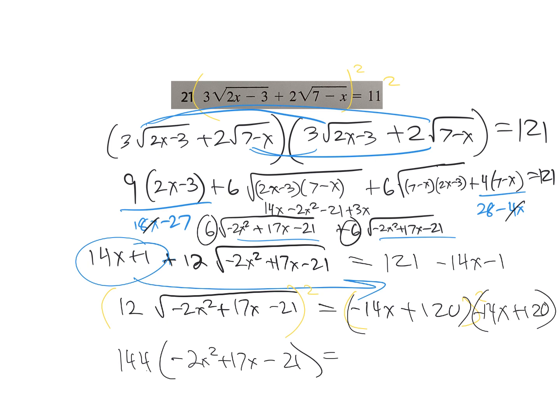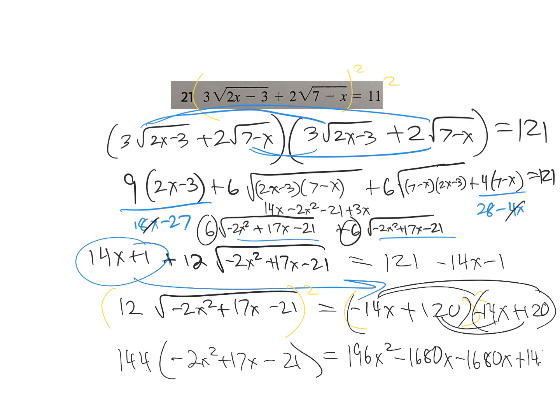All right, so 14 times 14, negative times negative is positive, 196x squared. Okay, and then you have the 14 times 120, and that gives you 1680, and it's a negative 1680x. And 120 times 120 is 14,400.